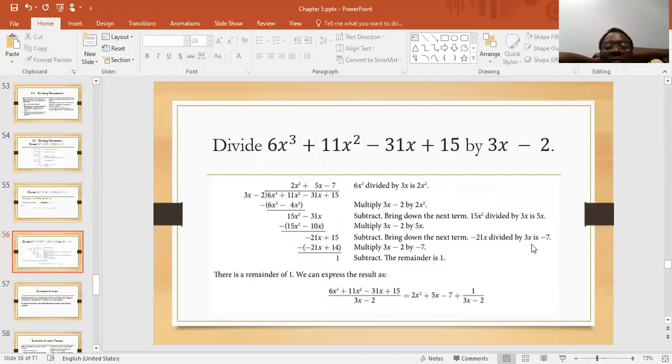Let's look at another example. Here we want to divide 6x cubed plus 11x squared minus 31x plus 15 by 3x minus 2.